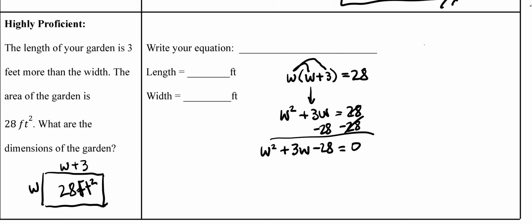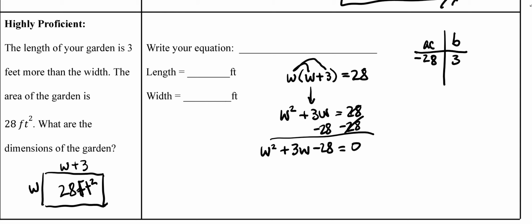So I'm going to say my A is 1. When there is no number, we know that's 1. So the C is negative 28. So A times C is negative 28. And B is 3.